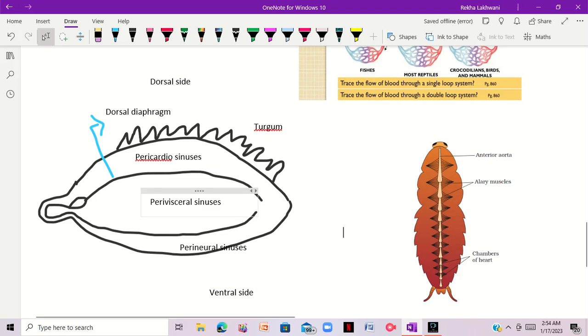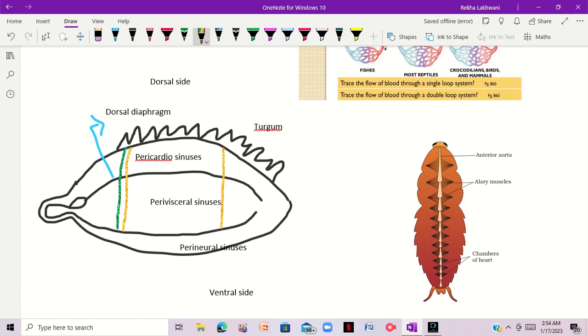Now over here we have some muscles, which are known as alary muscles.